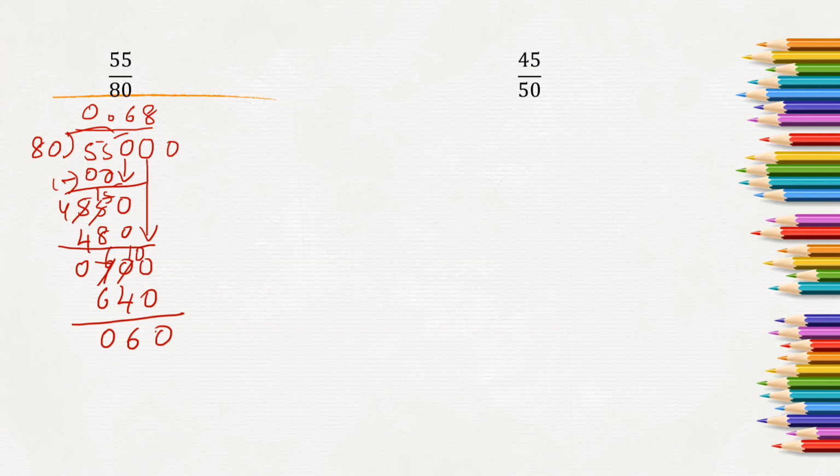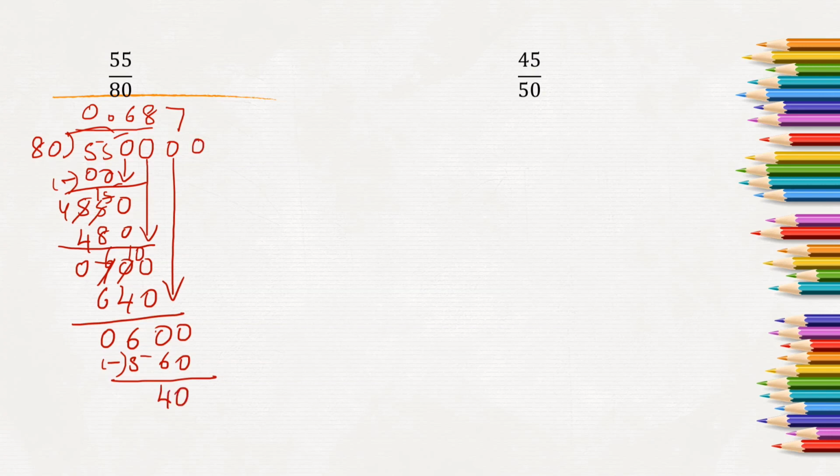Again place one more 0 and then bring down the 0. Now we are left with 600. Here 8 7 times is 56 and 8 8 times will be 64. So we'll have to consider 8 7 times, that is 560. Now from 600 if we take away 560, we'll be left with 40.